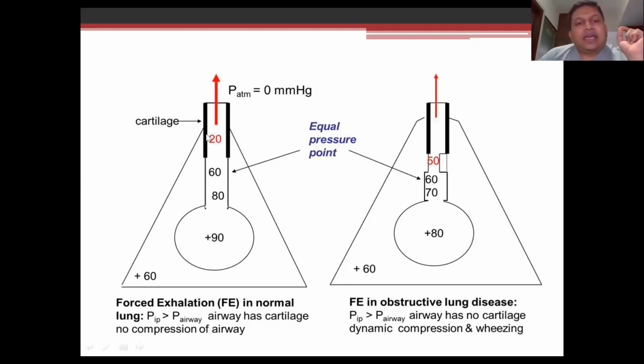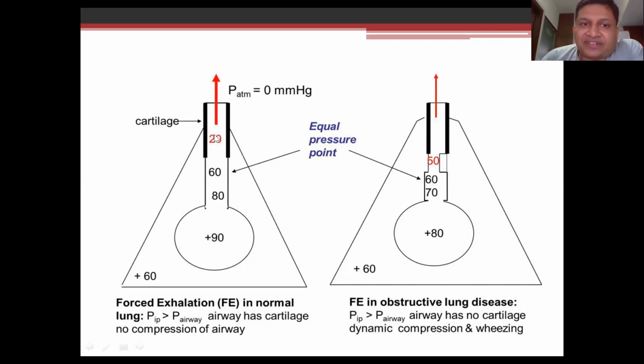So there is a point called the equal pressure point in our respiratory system, at which the intrapleural pressure and your airway pressure become equal. In a normal person, that pressure point is inside the cartilaginous part of the airway.